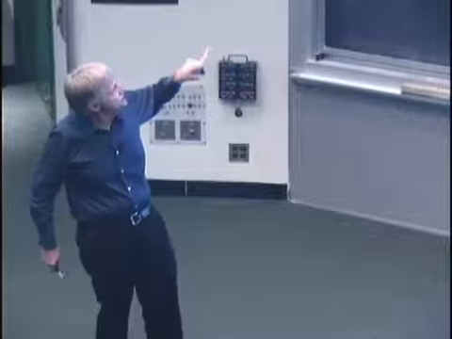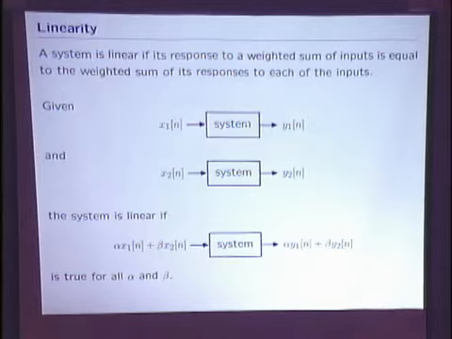So a system is linear. We can define linear in a more rigorous mathematical sense by saying that a system is linear if the response to a weighted sum of inputs is the similarly weighted sum of outputs. So imagine that I have a system whose output when the input is x1 is y1, and whose output when the input is x2 is y2.